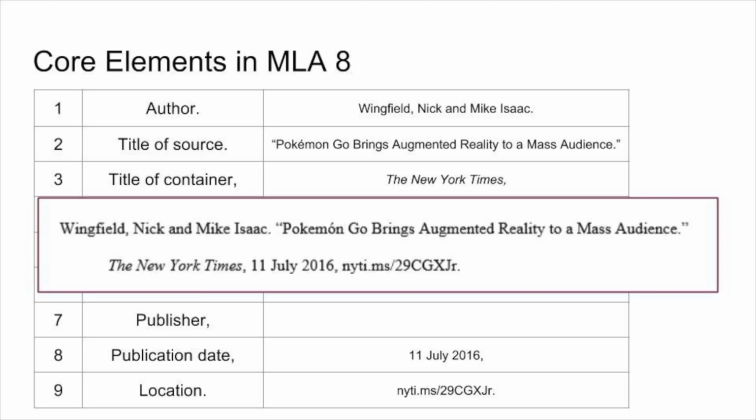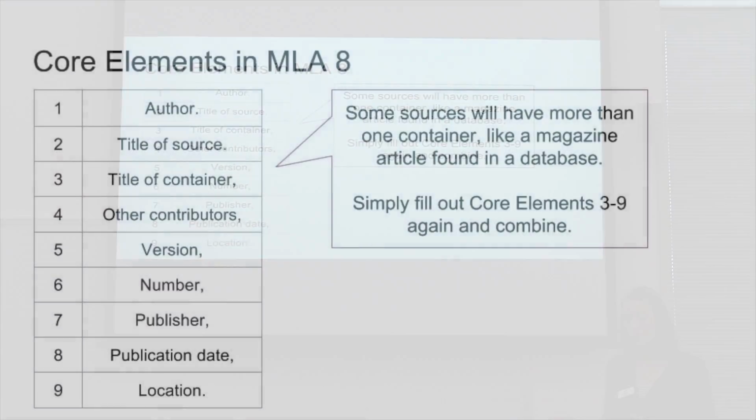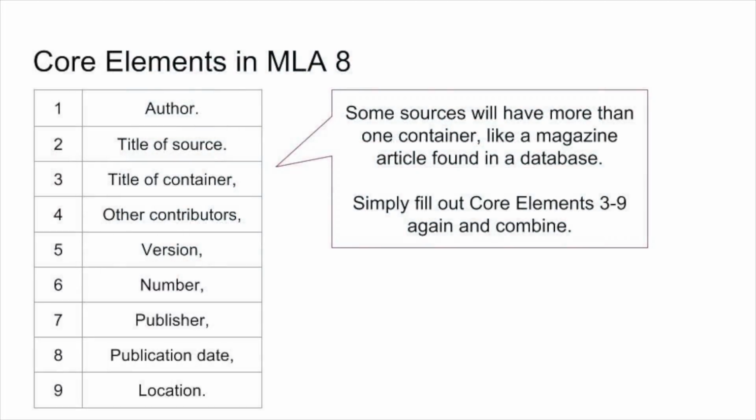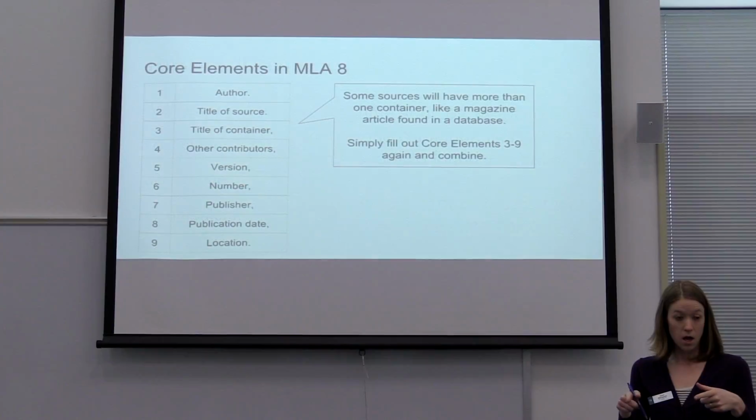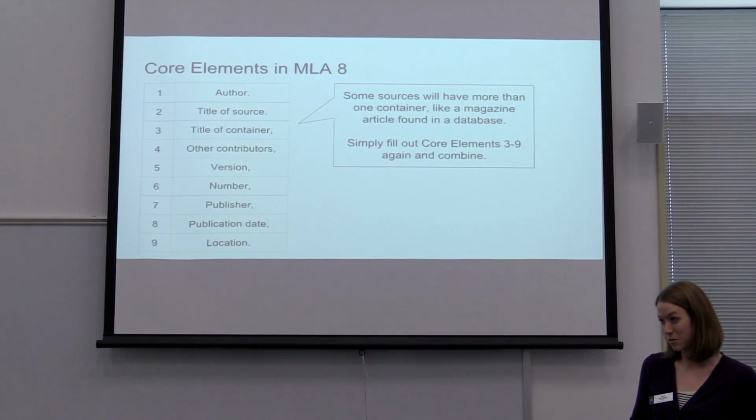Now, some sources are going to have more than one container, right? So if you think about, okay, here's the source itself, and the container is where you can find that source. But some sources might have more than one container. So let's take the example of a magazine article. Its first container is the magazine. But let's say we find that magazine article through one of our library's databases.